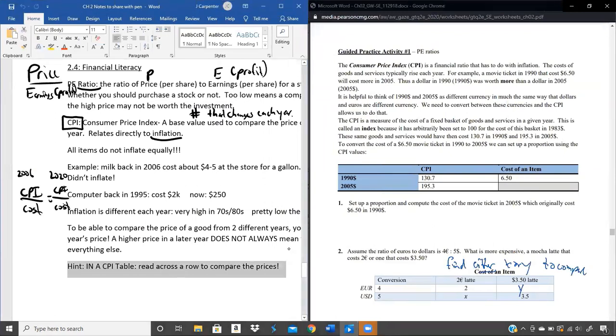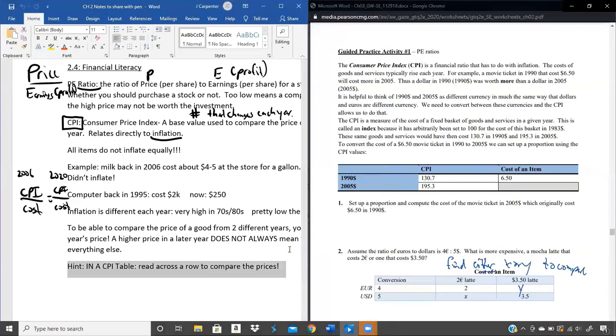They asked us to convert the 2 euro latte to the American dollar. And then we're going to compare the price converted to the actual US latte. So this is like Starbucks in Europe versus Starbucks in America. In Europe, you're paying 2 euros.